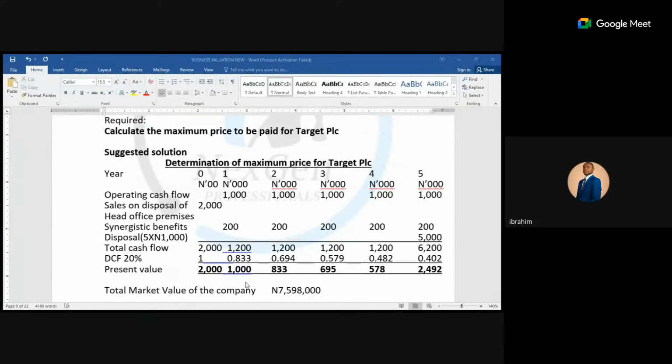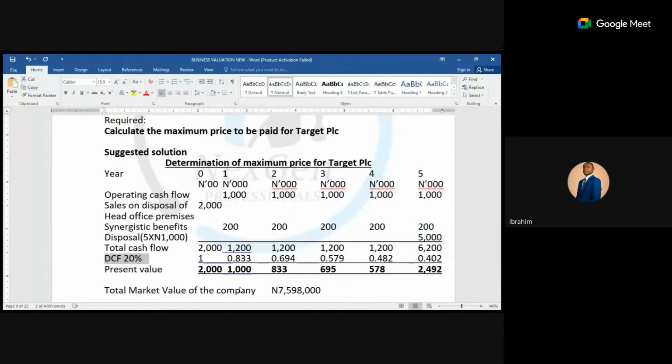Is that not so, class? Yes, sir. Class, it includes what? Both equity and debt. The weighted average cost of capital you use to discount it includes both equity and debt, and that is what gives us the total market value of the company, just like in our cost of capital.